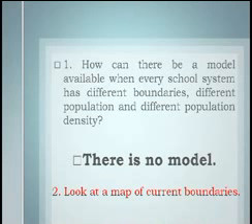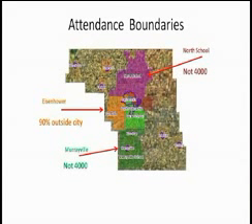First, how can there be a model available when every school system has different boundaries and different population densities? There is no model available. So let's look at the practicality of having the attendance boundaries be the same as the ward-based boundaries.